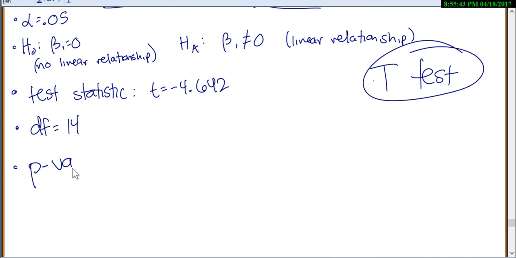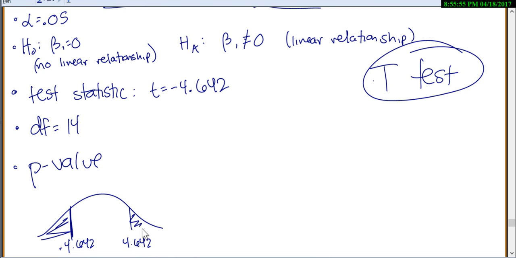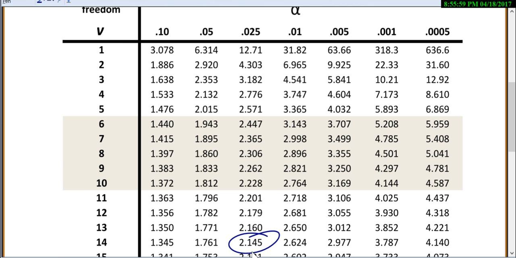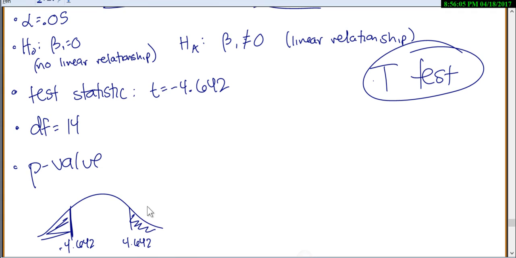Now for your p-value, you're going to want the area in both tails because this was a not equal to. So here's my negative 4.642, here's my 4.642. We want the area in both tails. So go back to your t-table. 14 degrees of freedom, we're looking for 4.642, so somewhere off here, so it's less than 0.0005.